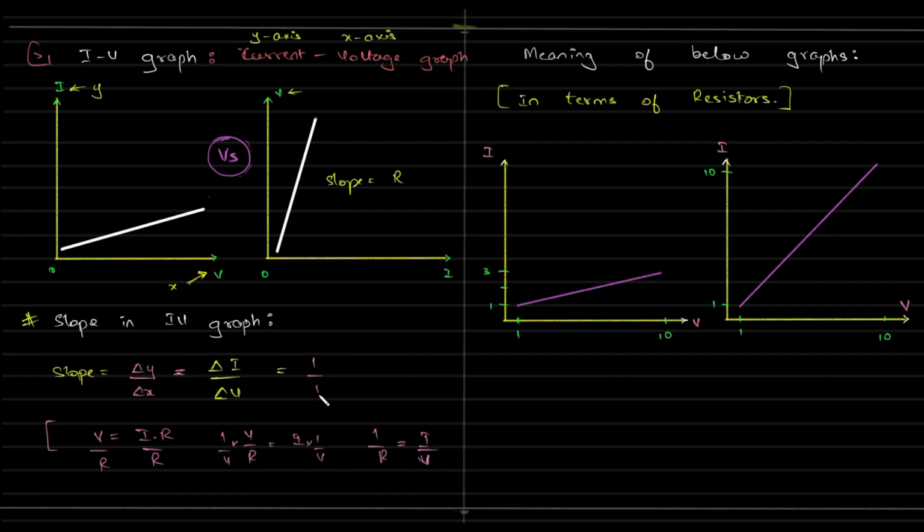So this is nothing but 1 by R. This is the reverse of resistance, that is conductance. So basically, this has a good resistance. That's why the conductance is less. Means for a huge voltage, as you can see, I have very less current. I have a huge voltage, but less current.